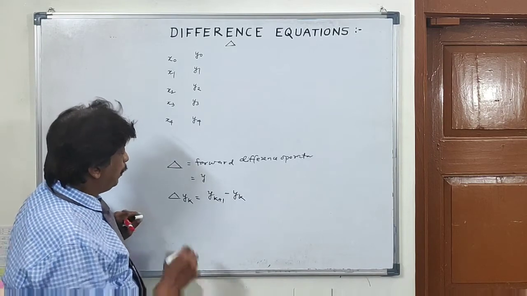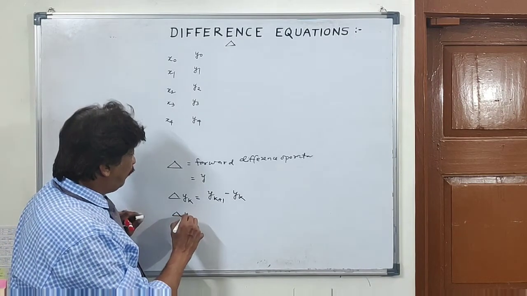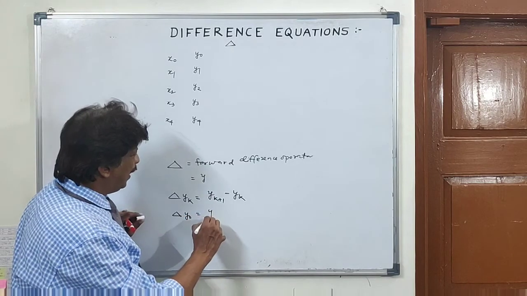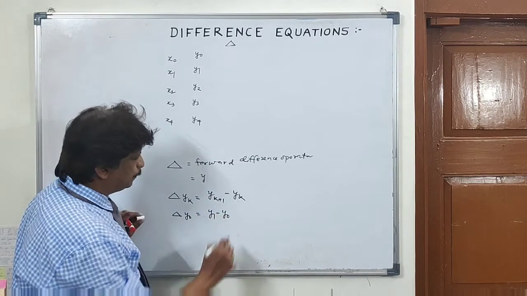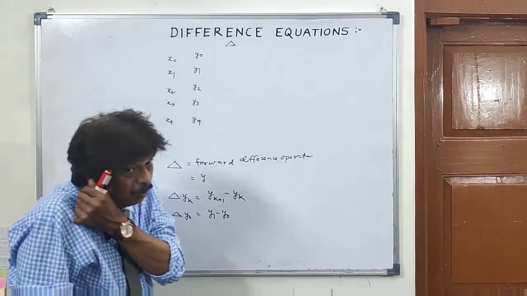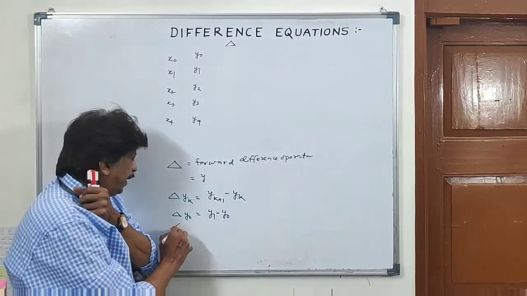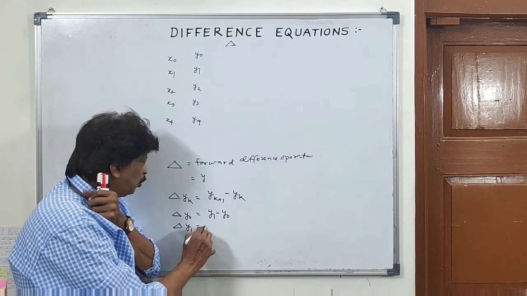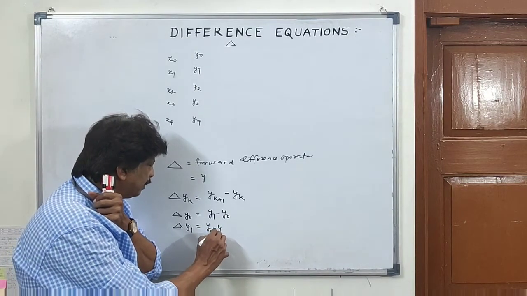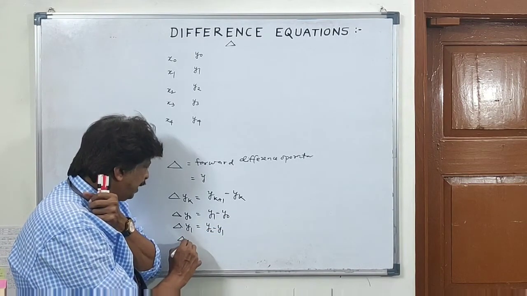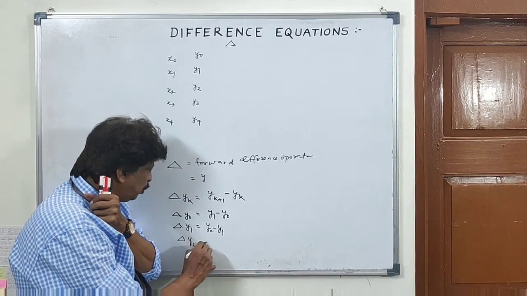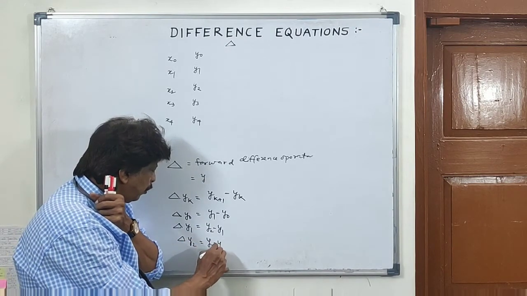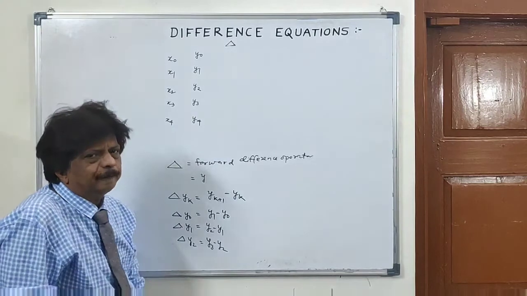So delta of y0 is equal to y1 minus y0, putting k equal to 0. Delta of y1 is equal to y2 minus y1. Delta of y2 is equal to y3 minus y2 and so on.